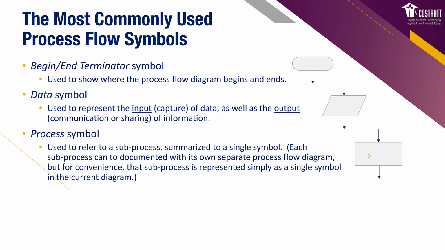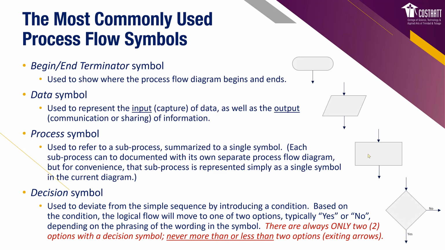What you would see if you were to zoom in on this symbol would technically be a whole other process. So that whole other sub-process is basically summarized into a single symbol. And I will illustrate that for you in a few minutes when we get to our demonstration of what an actual process flow diagram looks like.